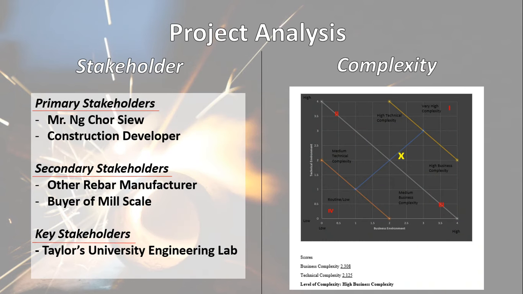Other than that, we also did some analysis and found that there are a few levels of stakeholders, for example the primary stakeholder, the secondary stakeholder, and the key stakeholder. We also found that the complexity of this project is a high level of business complexity.